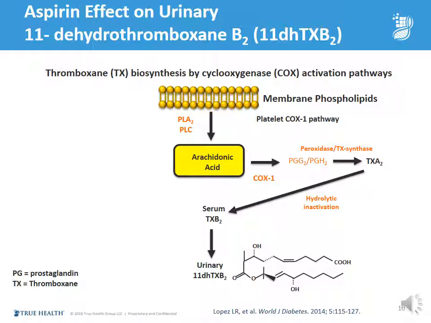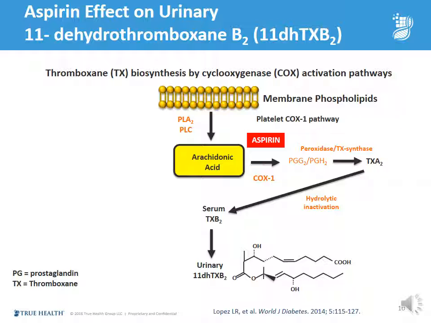I now want to discuss the effect of aspirin therapy on urinary 11-dehydrothromboxane B2 and platelet reactivity. So you're familiar with what you see here, the COX-1 pathway where arachidonic acid is converted into thromboxane A2.